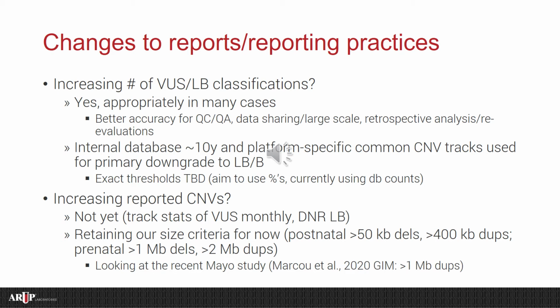Another way we're able to manage starting from uncertain is by leveraging both our internal database and platform-specific common CNV tracks in order to downgrade CNVs to likely benign and benign. We're still looking at exact thresholds for this, but our aim is to establish at what frequency we can reasonably assume a particular CNV is benign or likely benign as a primary method for downgrading.